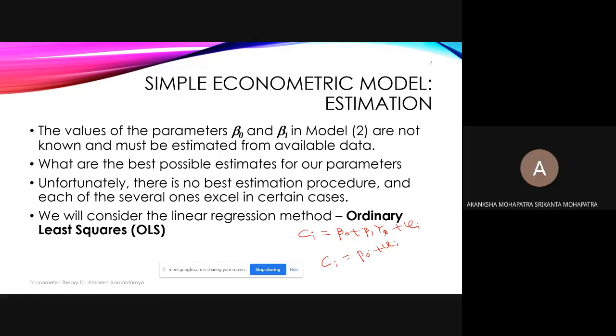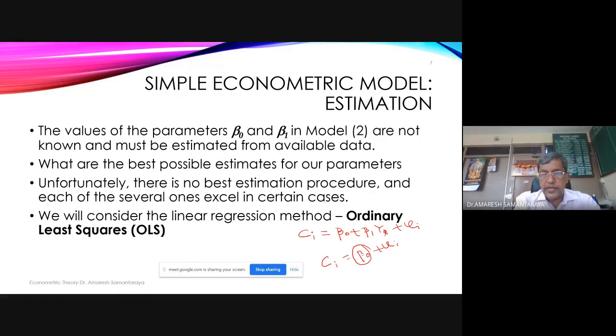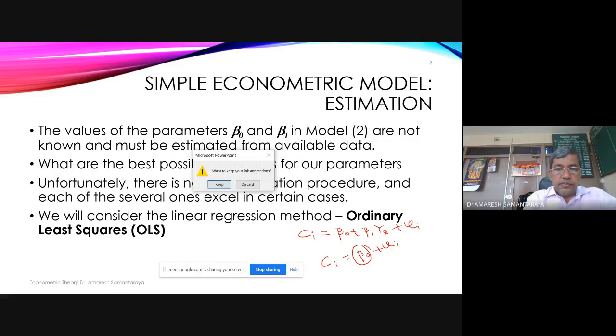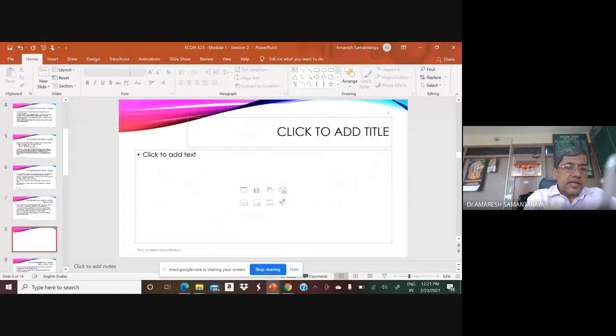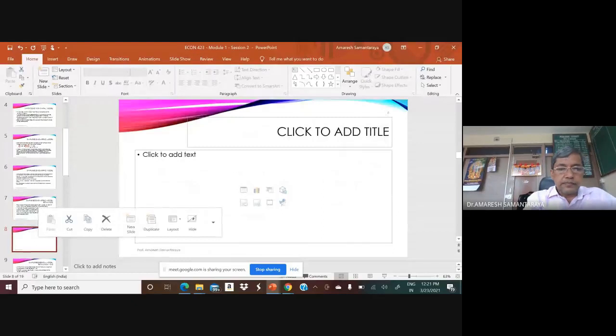Beta 0 will give the amount of consumption on an average across the individuals. You may have 100 individuals in a sample. One minute, I think I'll open a new slide, so that it will be easy to explain.